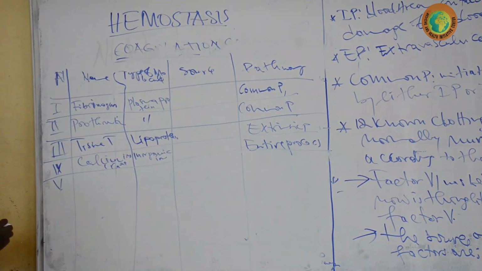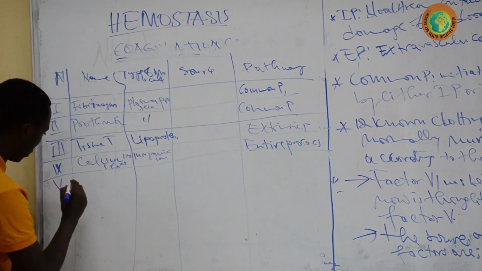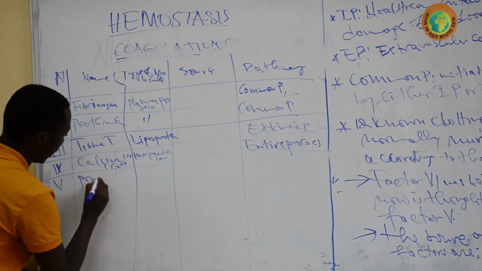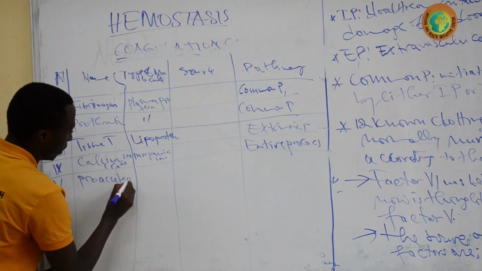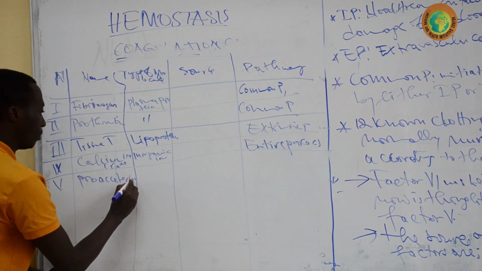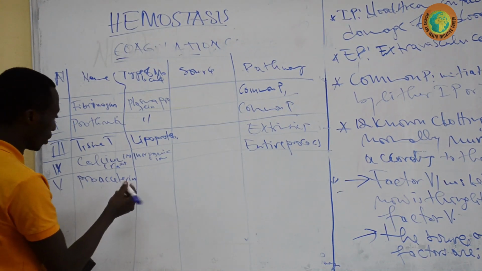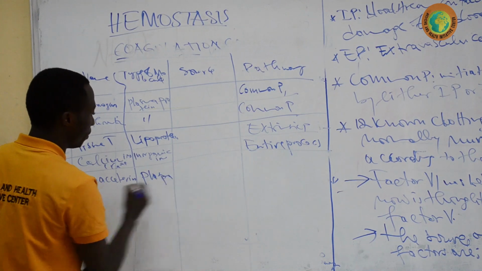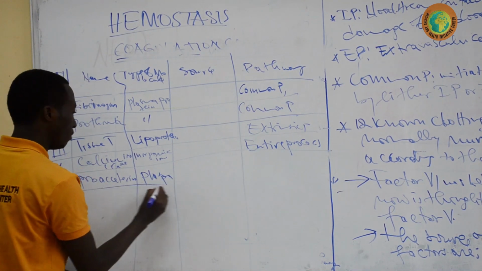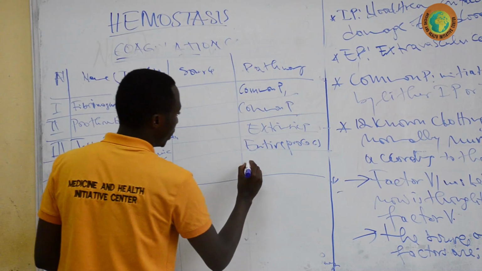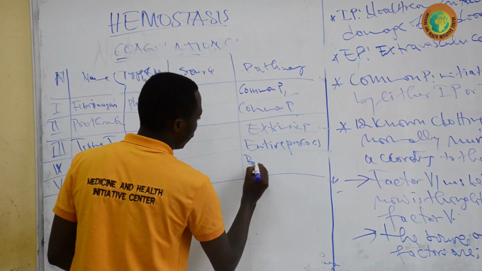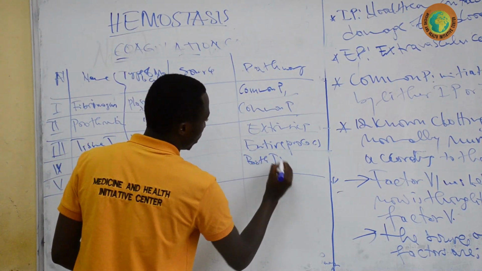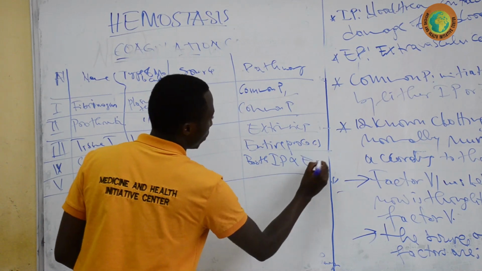Factor 5 is pro-accelerin, which is also a plasma protein. It acts in both the intrinsic pathway and the extrinsic pathway.